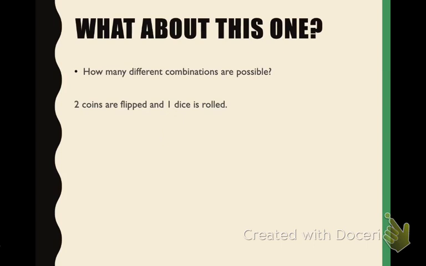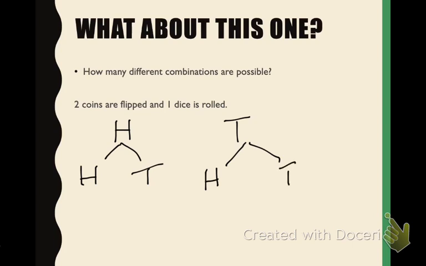On the first coin, you have the option of heads or tails. That's the first thing that's going to happen. If I flipped a head, the next thing I can do is flip a head or a tails because I have 2 coins. Same with the tails. If I flipped tails first, I could next flip heads or tails.